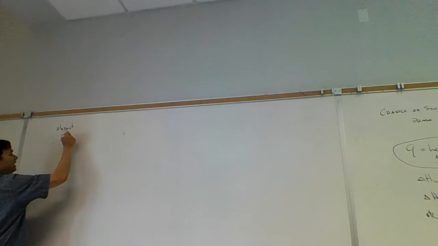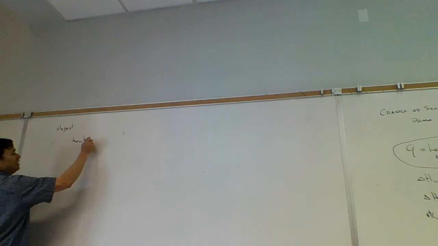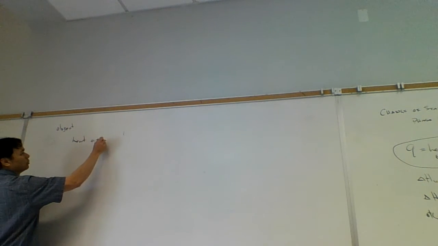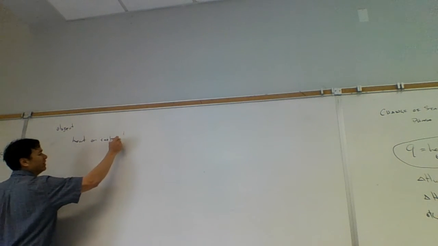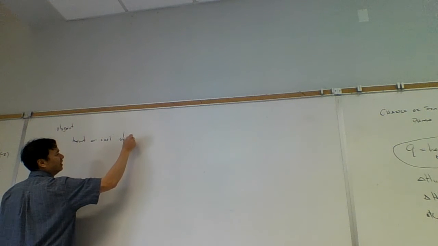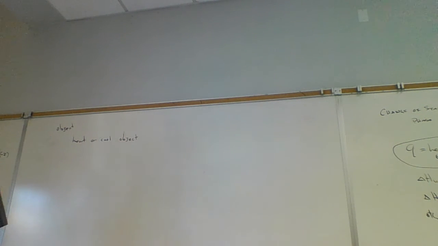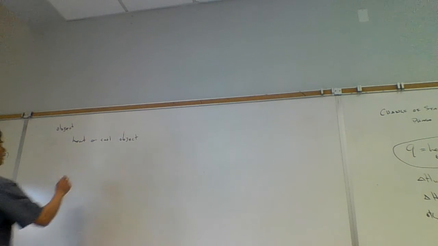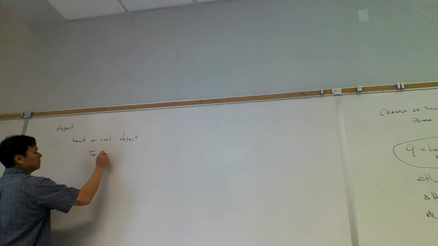An object would be just like water, a glass of water at 25 degrees C. And so when we heat or cool an object, what happens? When we heat or cool an object, the temperature changes.